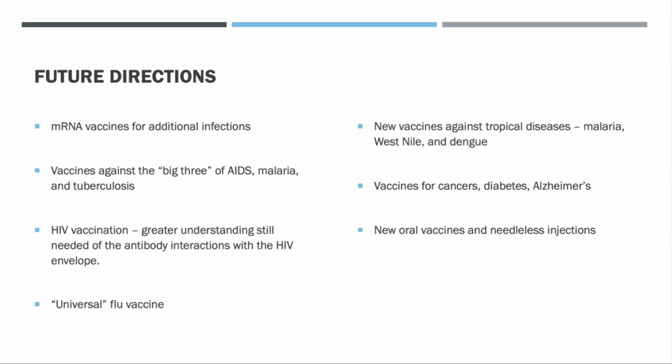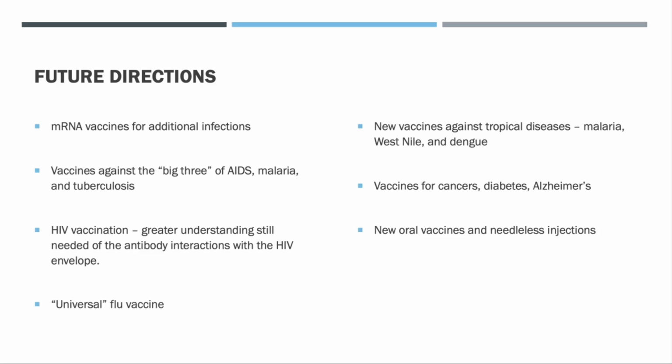There are ongoing efforts to vaccinate against the big three: AIDS, malaria, and tuberculosis, and develop effective vaccines for all three. Of course, we have the BCG vaccination for tuberculosis, but there's always a great deal of interest in developing more widespread use of vaccine technology for that disease.